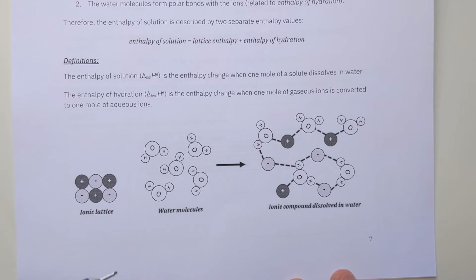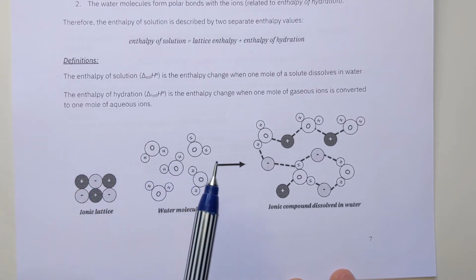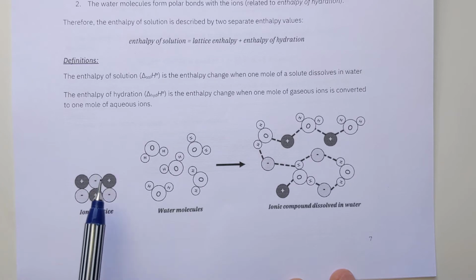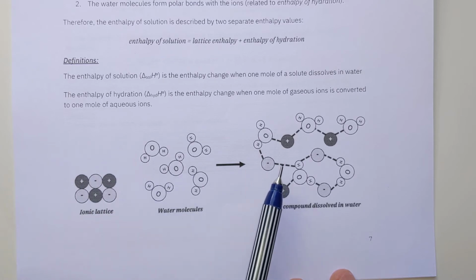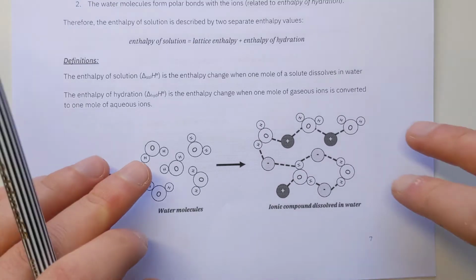However, if you've got a lattice that forms really strong attractions with water, giving it a really big enthalpy of hydration, and the lattice enthalpy isn't too big to break apart, it will be soluble because the hydration enthalpy will outweigh the lattice enthalpy. So it's those two factors against each other, breaking apart the lattice and forming new interactions, which determine whether something is going to be soluble or not.